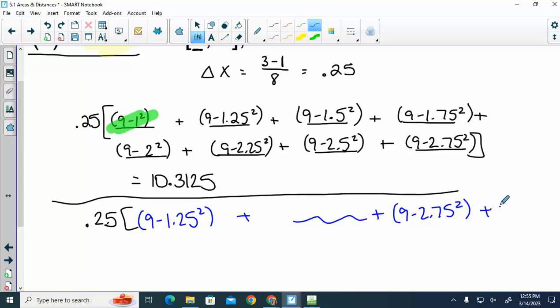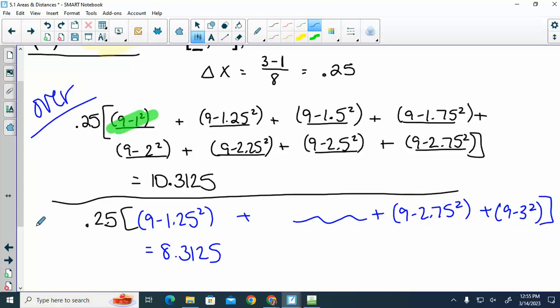And then we add in a 9 minus 3 squared at the end. So if you have it on your calculator, you just have to go back and change that 9 minus 1 squared to a 9 minus 3 squared. So I can see the first one was my overestimate, and this one is my underestimate.